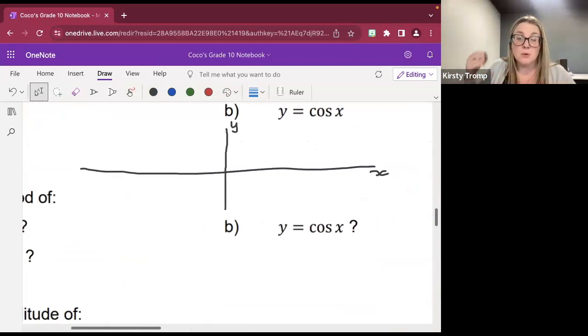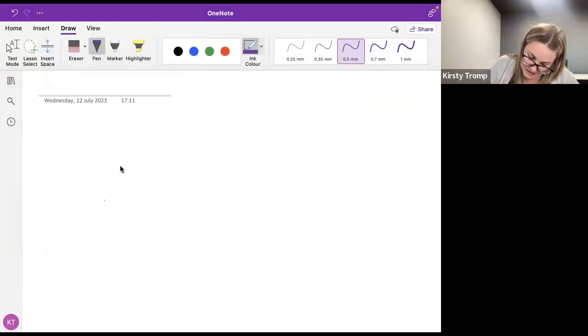It wants me to go from negative 180 all the way to 180. Okay, so we know when we do graphs, normally we're looking at the quadrants kind of vibe, okay? And quadrants are normally in 90 degrees. Okay, right, here we go.